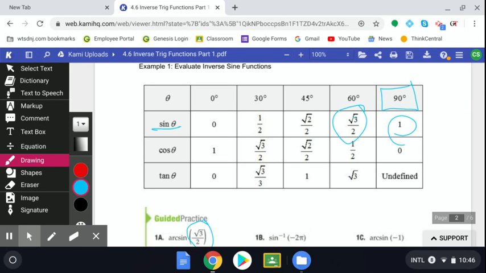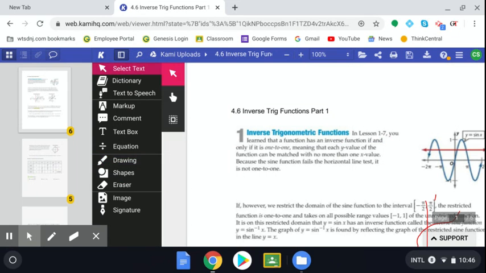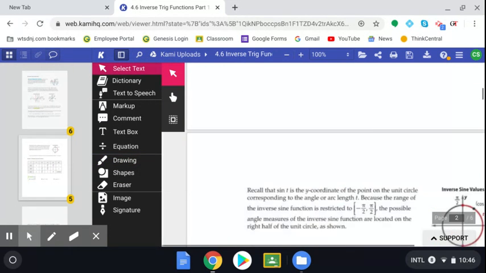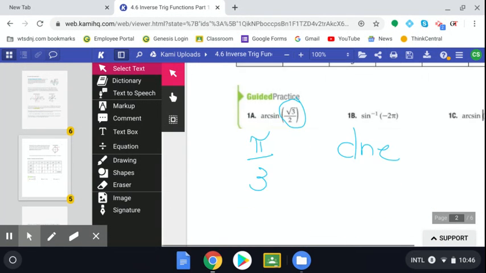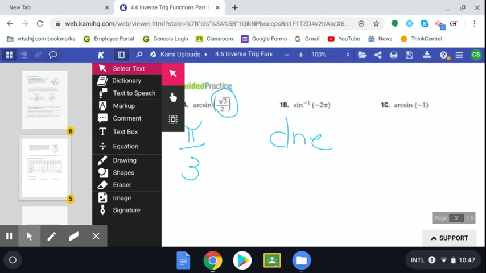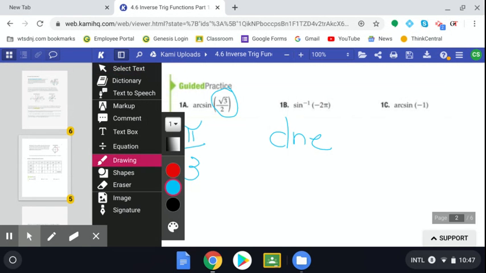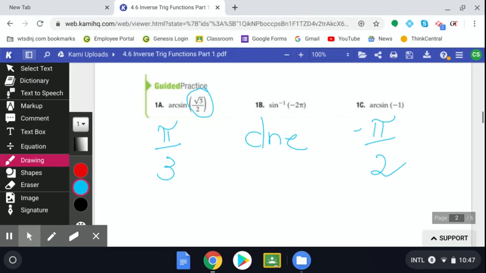So it's just going to be negative pi over 2. And I am done. So once again, you're just pretty much going backwards, and then you have to check the domain and range restrictions. That's for sine.